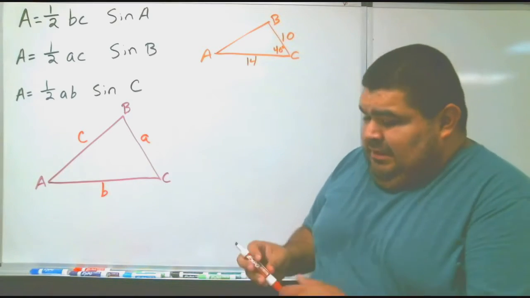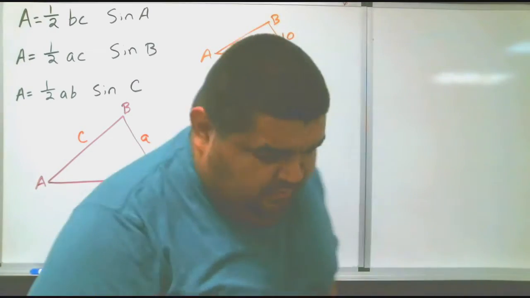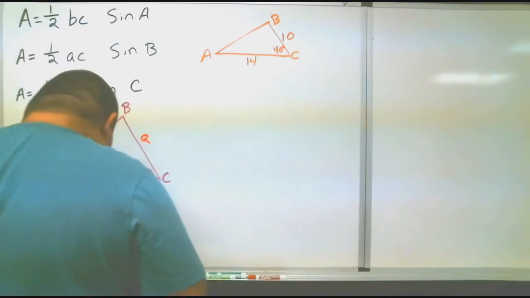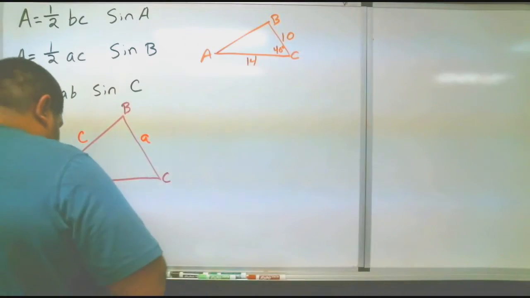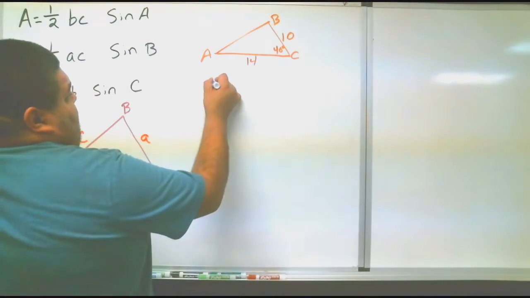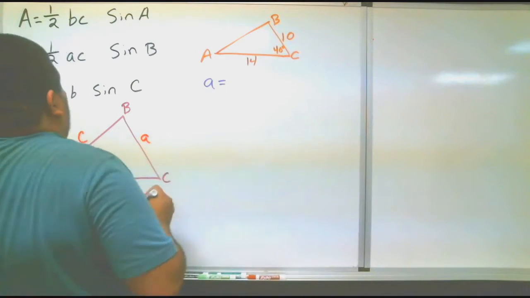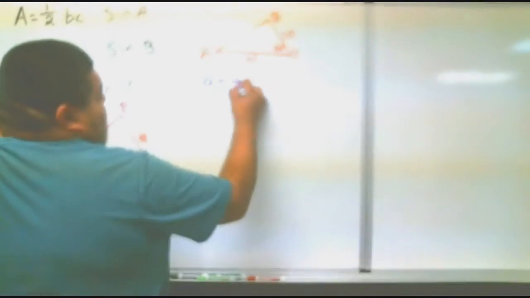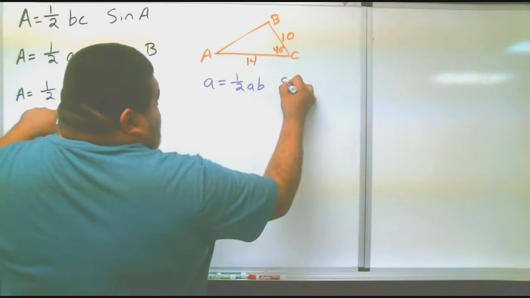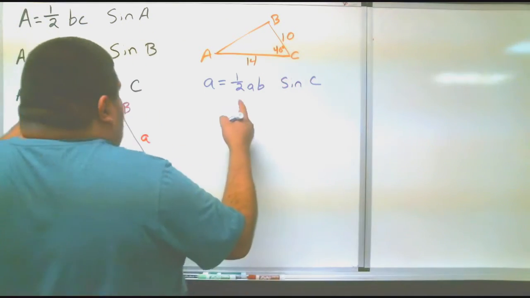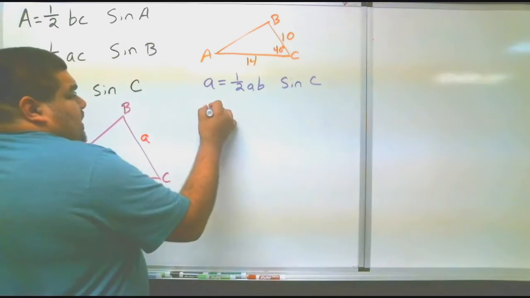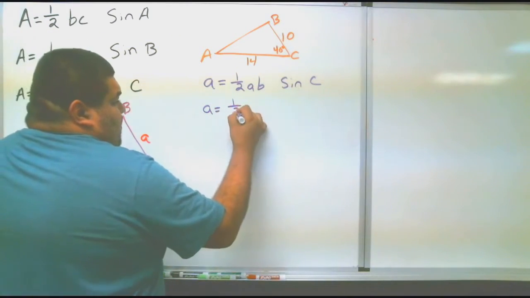So what we're going to do is put area, let's use another color, purple. So we can say area equals 1/2 A and B sine of C. I just rewrote the equation. Now that we have it here, we can say area equals 1/2.